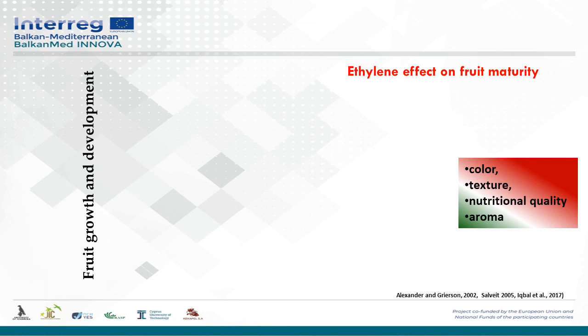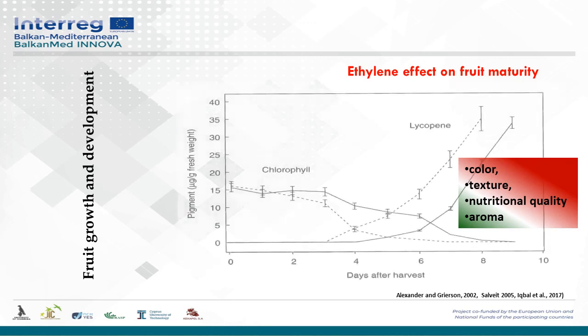And yeah, we should expect that we will not have the best quality of fruit if its earliness, or early ripening, is promoted through the use of ethylene. And this is indeed how ethylene affects fruit maturity.